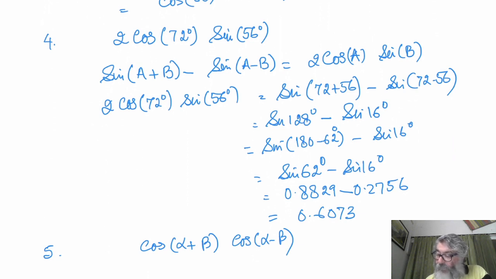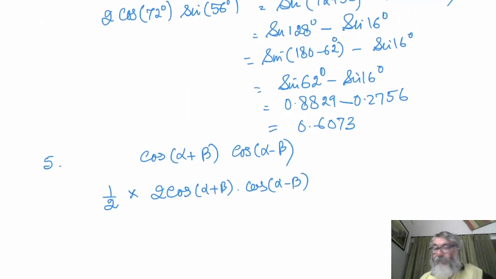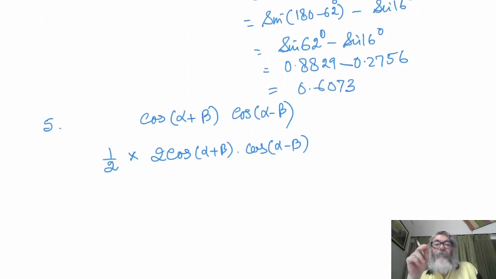So to produce that 2, what I do is I multiply 2 cos alpha plus beta cos alpha minus beta, and also divide, because we are not then changing anything. 2 we are multiplying, 2 we are dividing, that means we are multiplying the whole expression with 1, and if you multiply anything by 1, it does not make any difference.